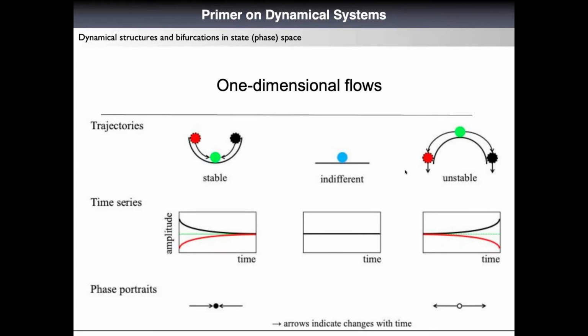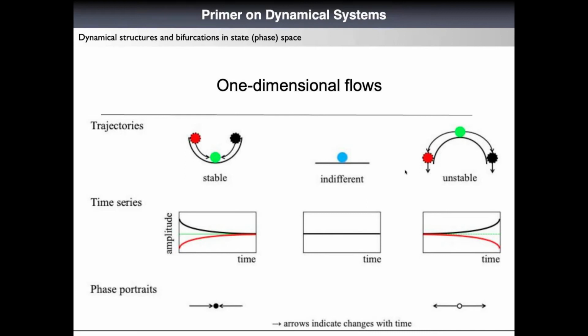So on the one hand, we have the representation of dynamical function through dynamics in the state space. On the other hand, we have parameters that when we change them, we can pass from one structure to the other, from one qualitative dynamics to the other.